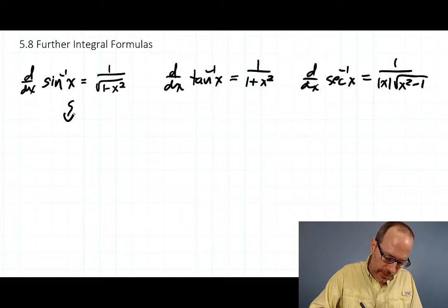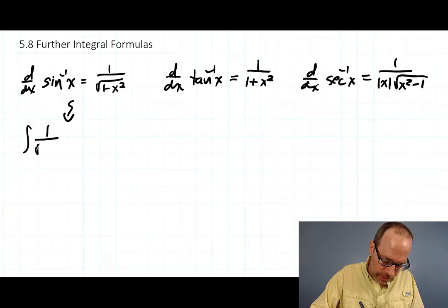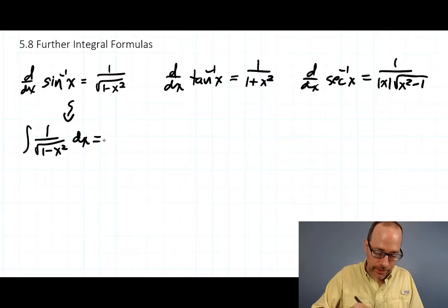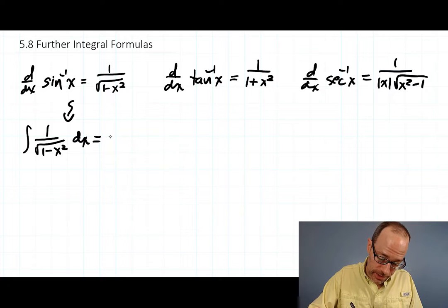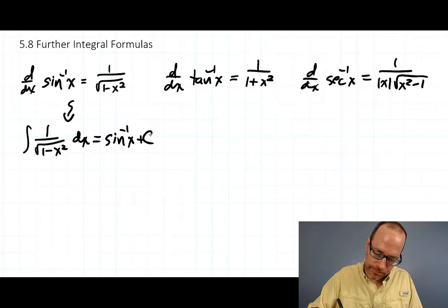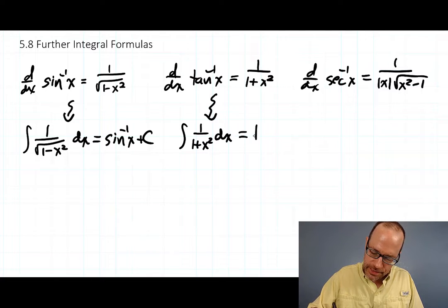So this will say that if we're looking for an antiderivative of this function, then the answer is the inverse sine plus c. And if we want to integrate this function, then the answer is the inverse tangent.